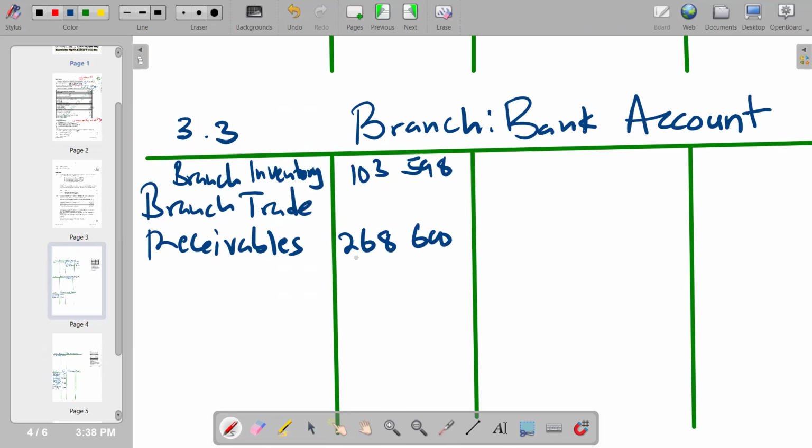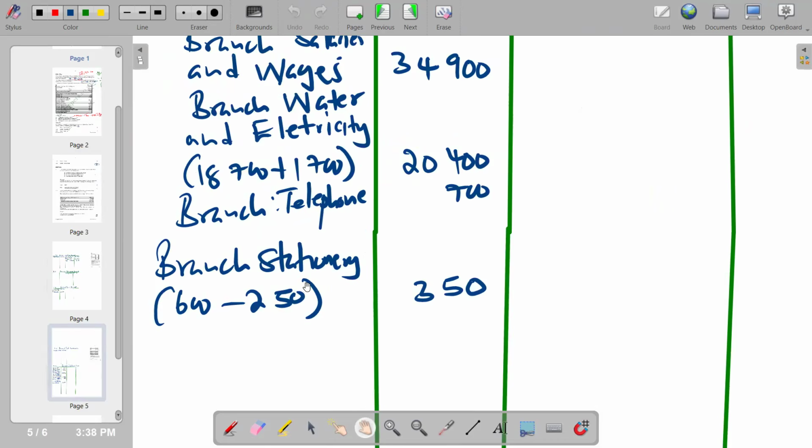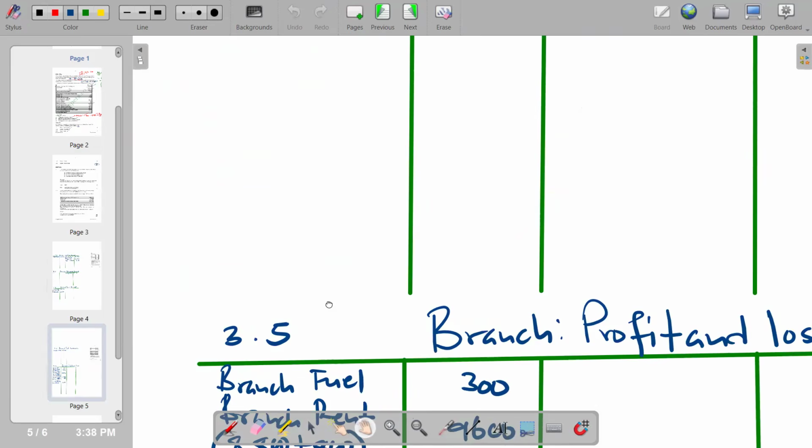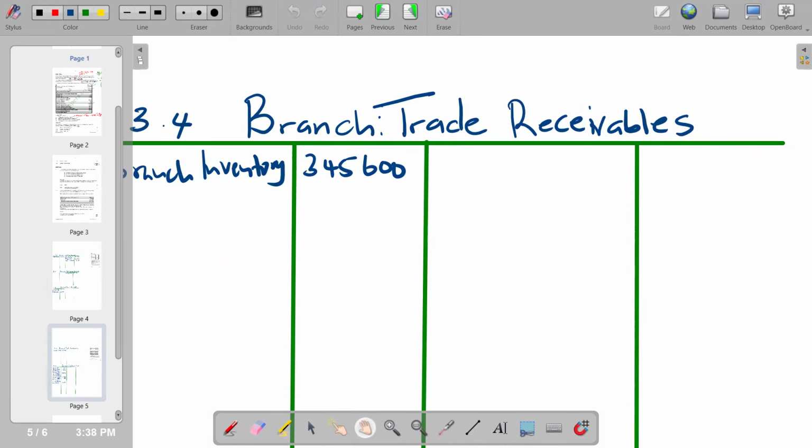Then we go to the branch trade receivables account and credit it. Branch trade receivables, and then we credit it. Remember, it's going to the branch bank. Branch bank, the amount is 268,600. So we are done with that one, which is this part.